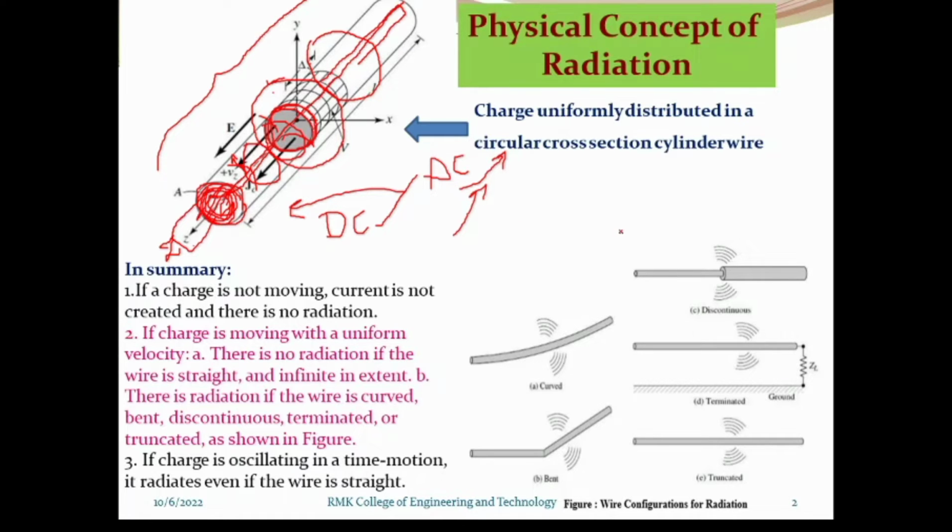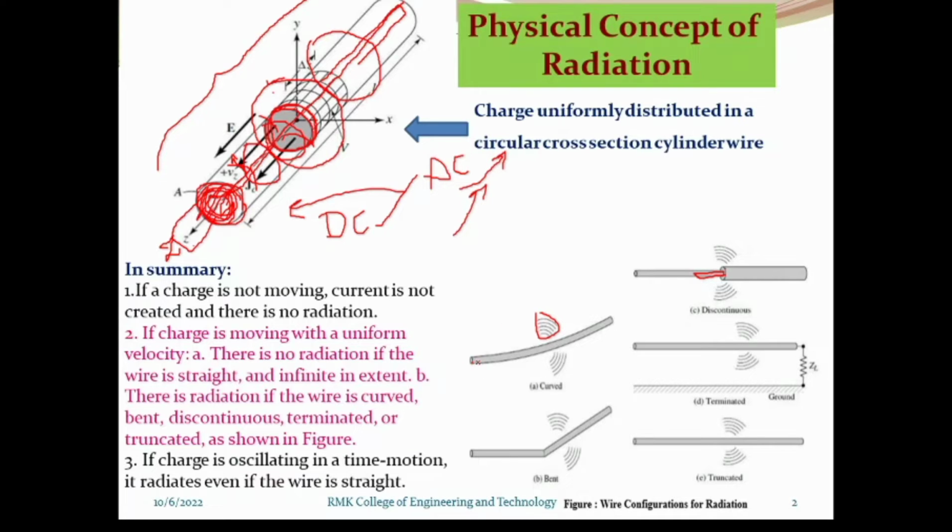Here I have given a lot of diagrams. One is a curved structure, another is bent, here it is truncated, which is an improper termination. Here we have two wires of different dimensions joined together, and I have shown the radiation here. So these are also different kinds of radiation.